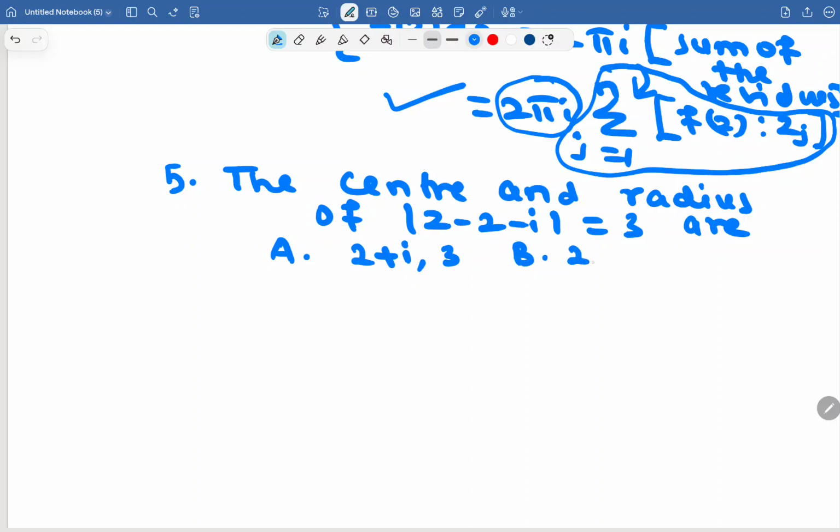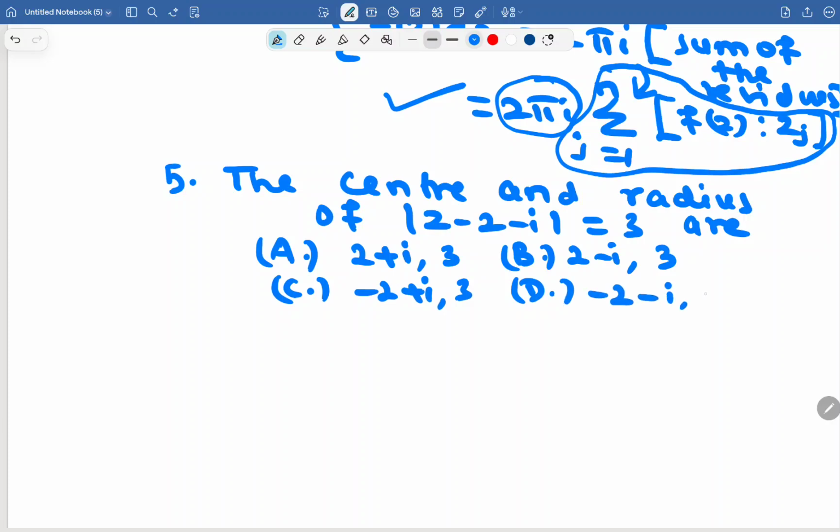Option B: 2 minus i, 3. Option C: minus 2 plus i, 3. Option D: minus 2 minus i, minus 3. For this problem number 5, we have to find the center and radius for modulus of z minus 2 minus i equal to 3.